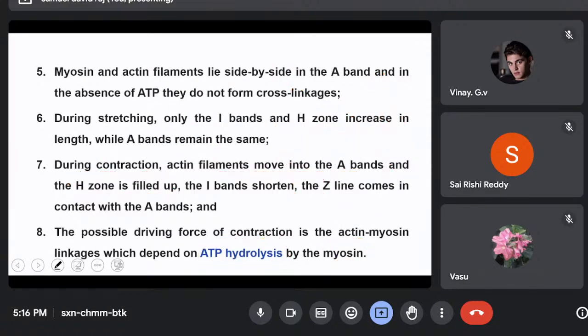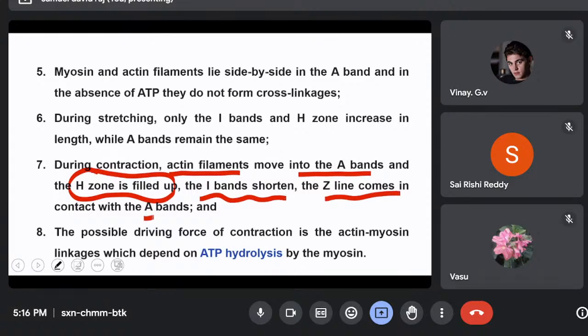When we were studying these points, you might not have been able to understand. What they say is, during contraction, actin filaments move into the A bands and the H zone is filled up. Only the I bands shorten. The Z line comes in contact with the A bands. Previously, this is the Z line, this is the A band, so there is a gap between these two.